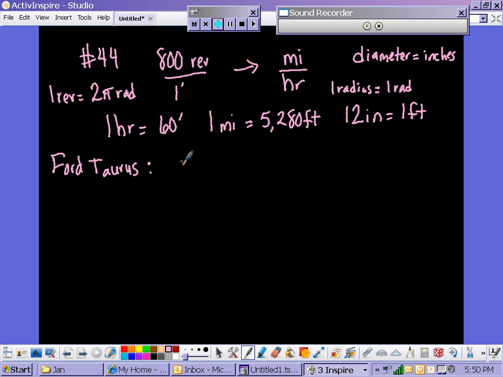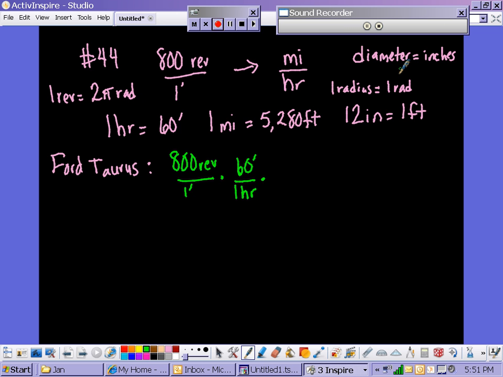All right, so 800 revolutions per minute. We have to change this to hours, so we're going to put 60 minutes over 1 hour. We've got to get rid of the revolutions here. So how are we going to do that? They gave us 1 revolution equals 2 pi radians.